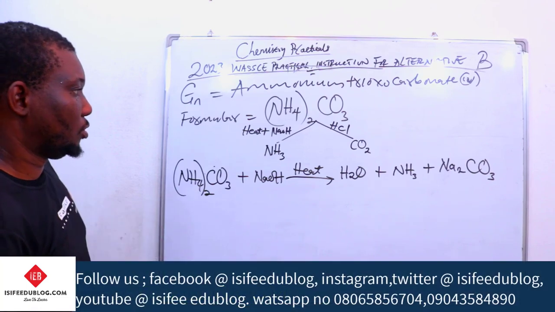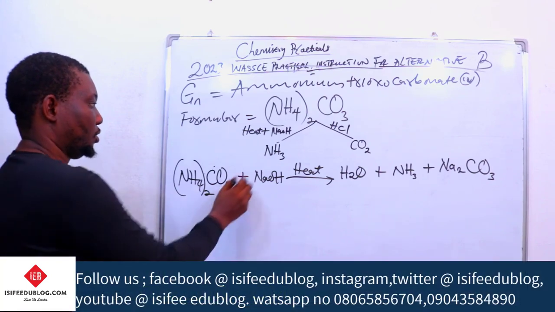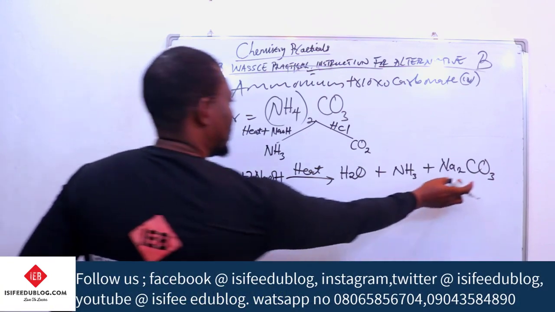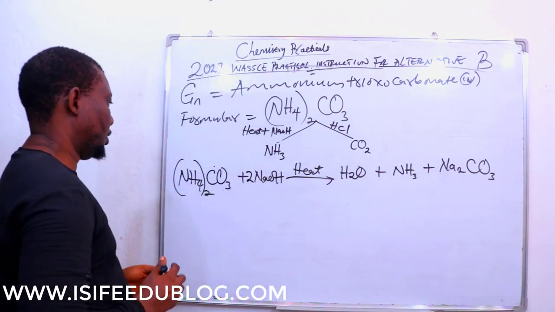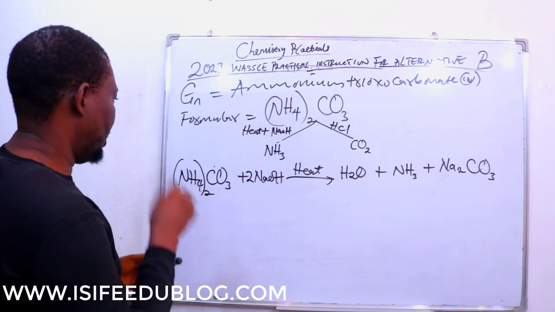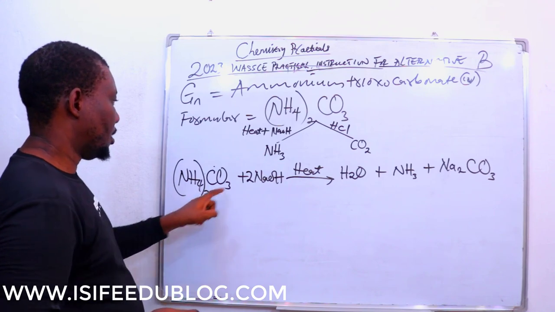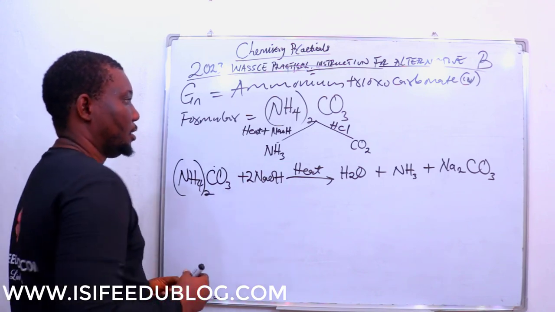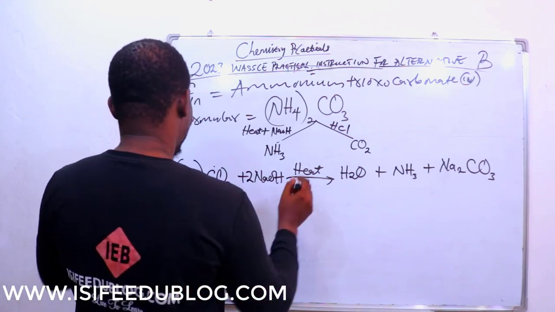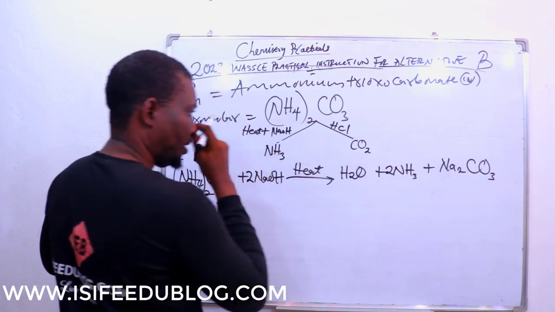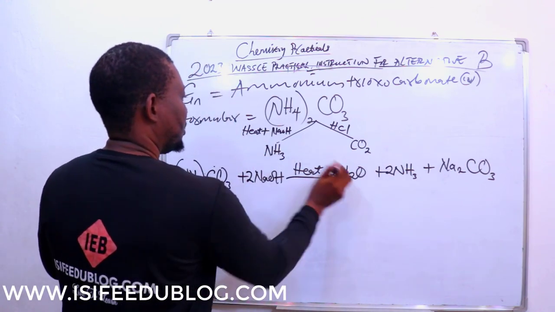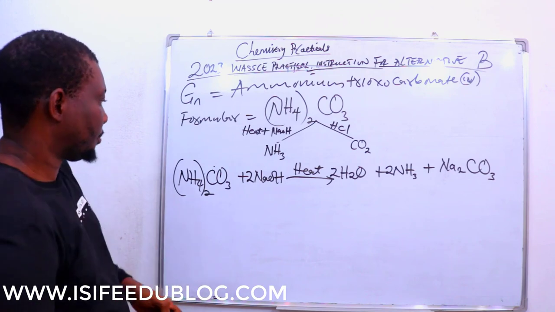So what you need to do is to balance the equation. How many H do you have here? You have 8, 9, 10. You need to balance this: 2, 6, 7, 8. I think it's balanced now.